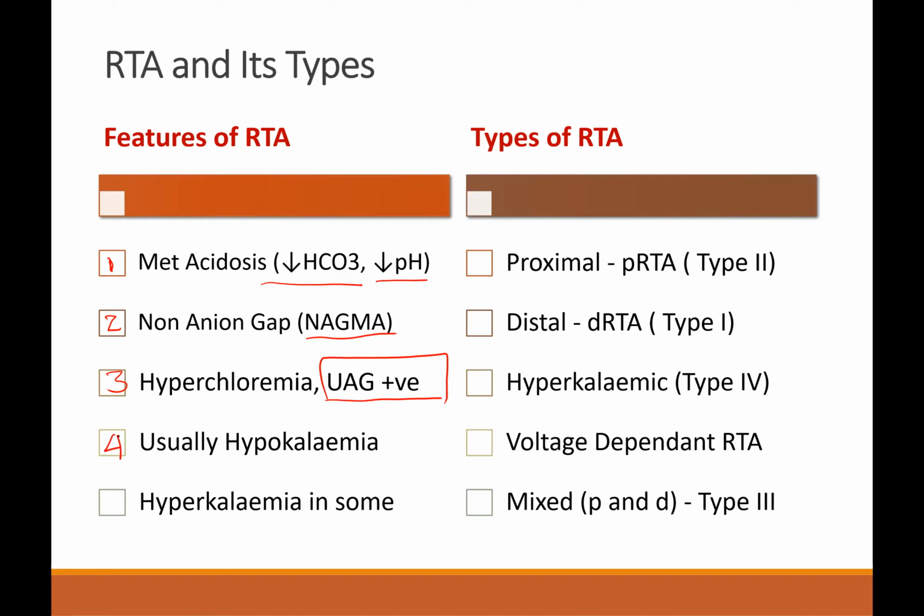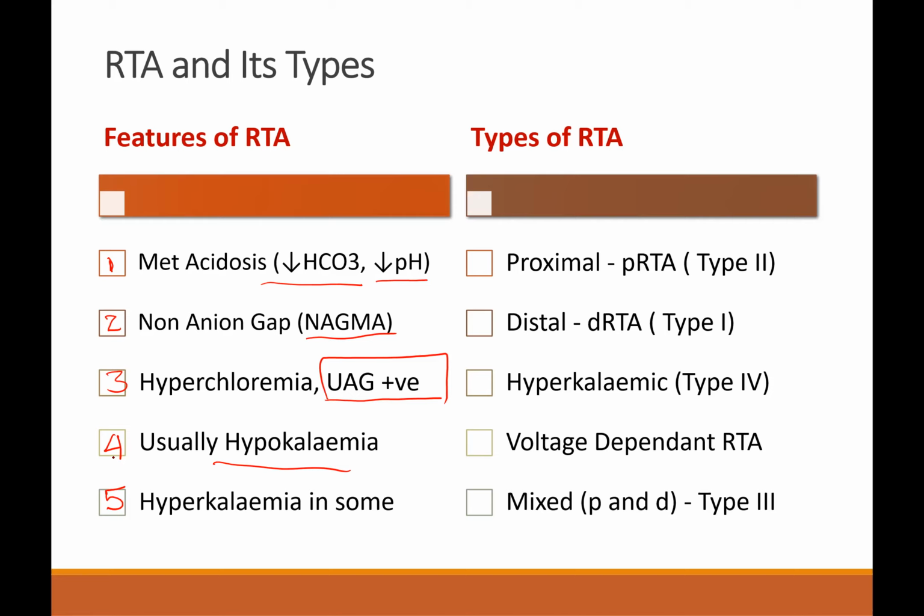Instead of an expected normal or higher potassium, here there is a hypokalemia, which is a feature of RTA. But not all RTAs have this. Those which involve the proximal tubule and the distal tubule will have that. But type 4 RTA and other voltage gated RTAs will not have hypokalemia. Instead, they will have hyperkalemia.